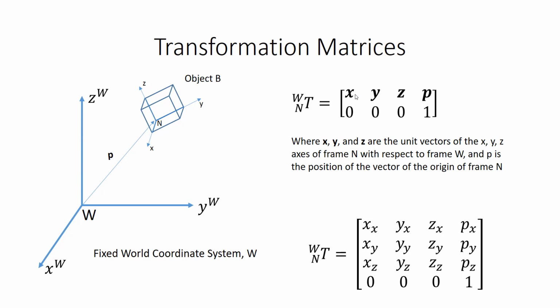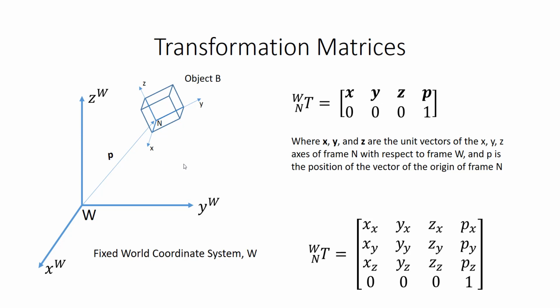Those vectors are going to be the unit vectors of the axes of N with respect to frame W. So when we want to represent this bolded X vector, if we come down here and put in all the values, this column, excluding the 0, so just these 3 values, XX, XY, and XZ, all 3 of these values make up one unit vector that describes how the X direction for frame N is pointed, but in terms of frame W.